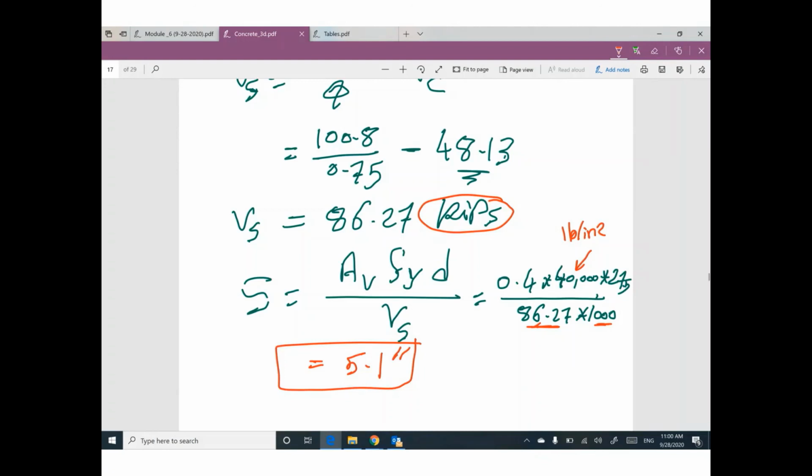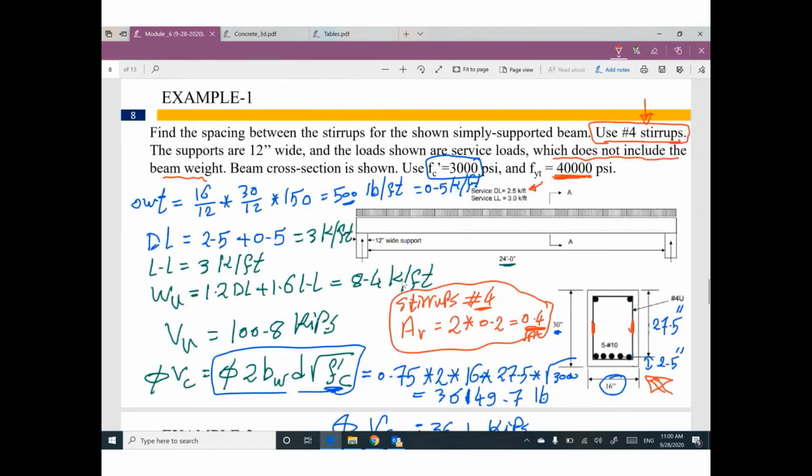5.1 inch. That means in this beam, I have to put vertical stirrups with number 4 size at 5.1 inch.